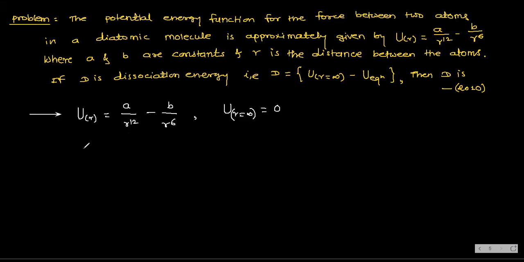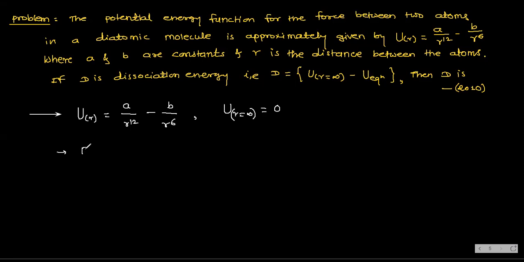Now we have to find the force first of all. Why am I going to find the force? Because I want to find R power 6, and once I get that, I can solve this. F at equilibrium is going to be 0.